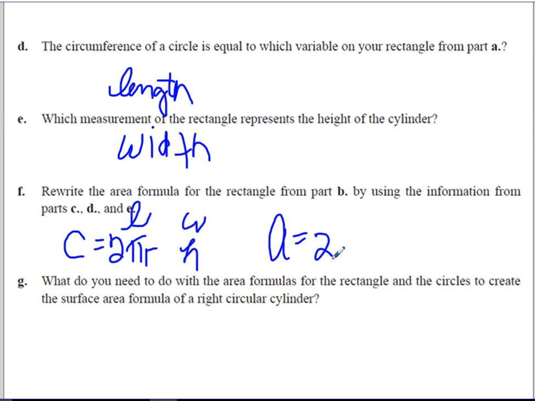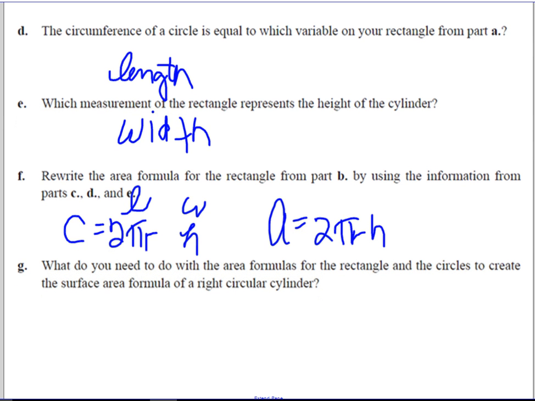So we get 2 pi r h. And so that's where that second part of that surface area comes from.